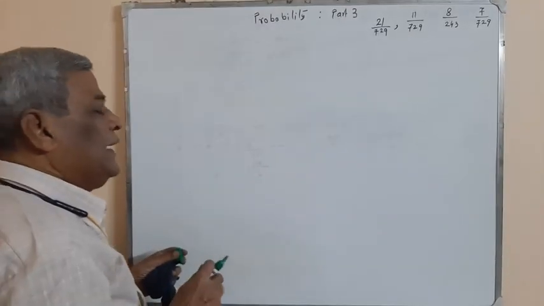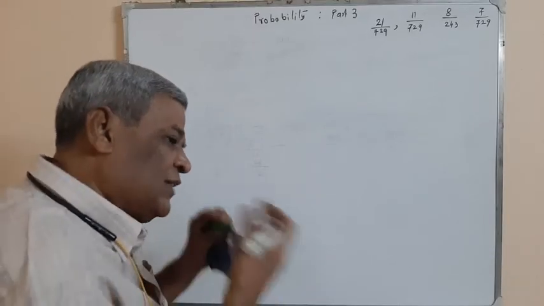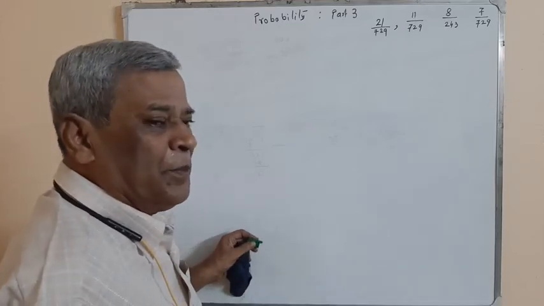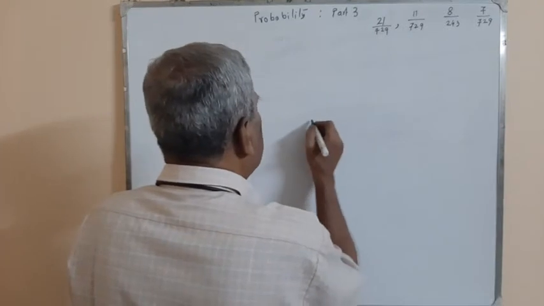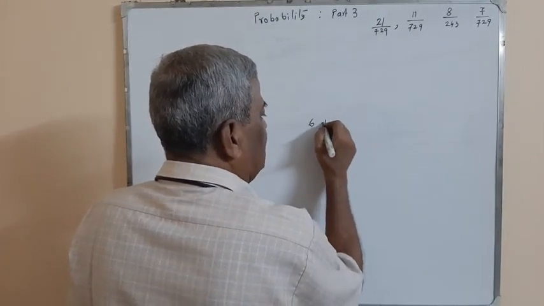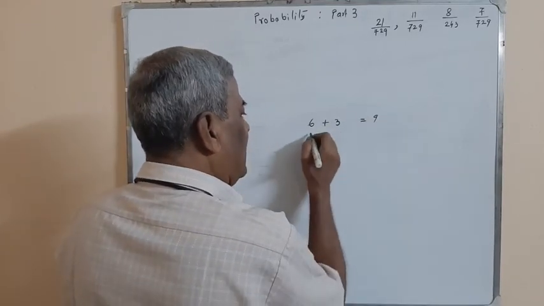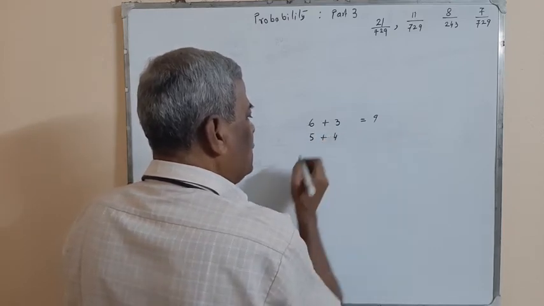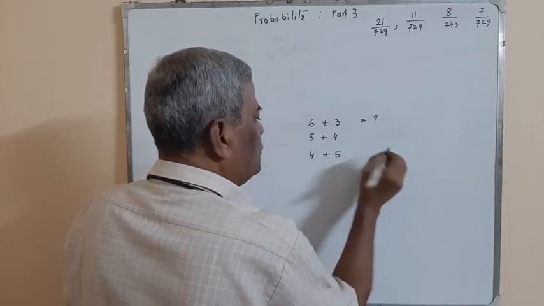So let us see, when 2 dice are taken together and thrown, how we get the total score 9. Number 1, if 6 in first die and 3 in second die, then total score is 9. Next, 5 plus 4, this is also 9. 4 plus 5, this is also 9.